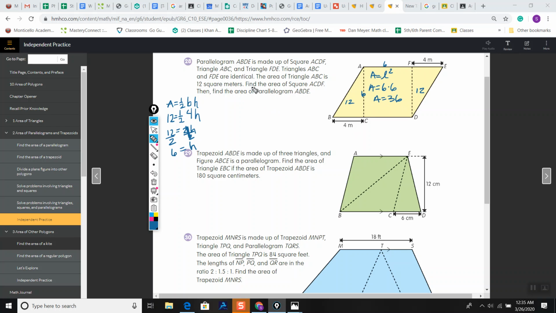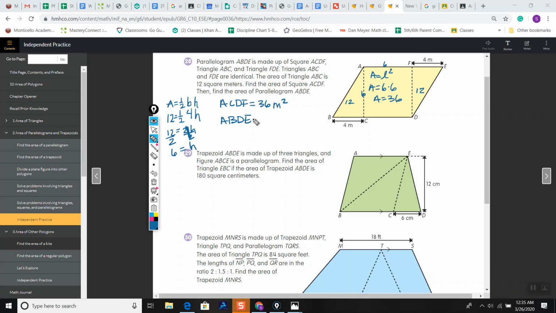Okay, so we found the area, so I'm going to write that. CDF is 36, because that's one of our questions here, right? 36, what's our measurement here? Meters squared.